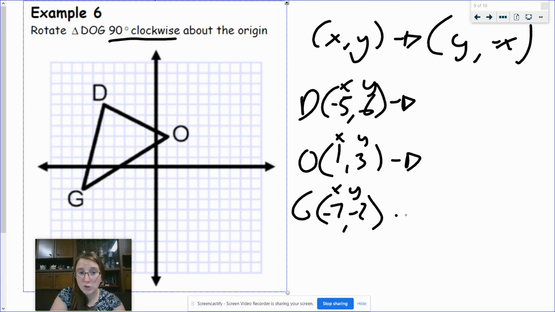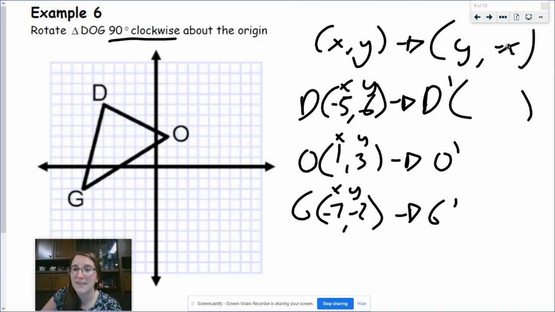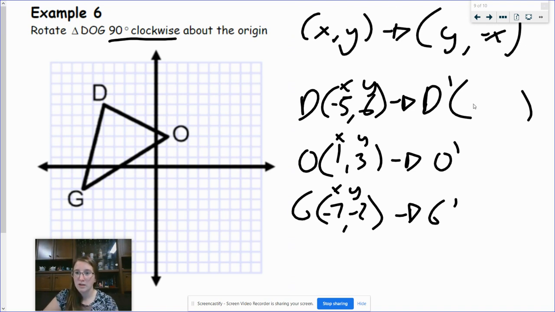Now, when I do a 90 degrees clockwise rotation to get my D prime, my O prime, my G prime, we got to be careful here. My first number is what the Y was here. My second number is going to be the negative X of what it was here. So let's try this. My first number is going to be the Y from the original point.